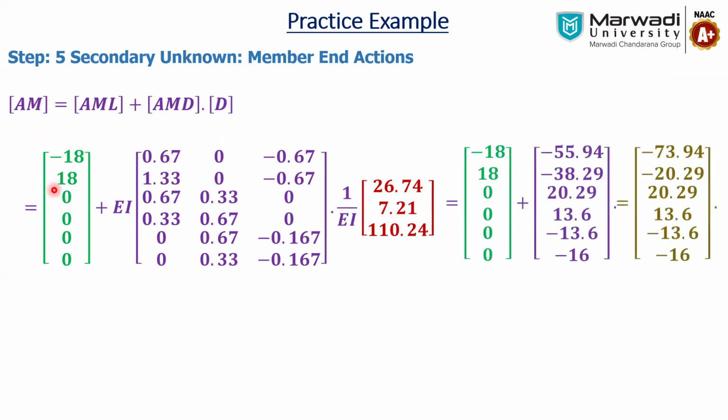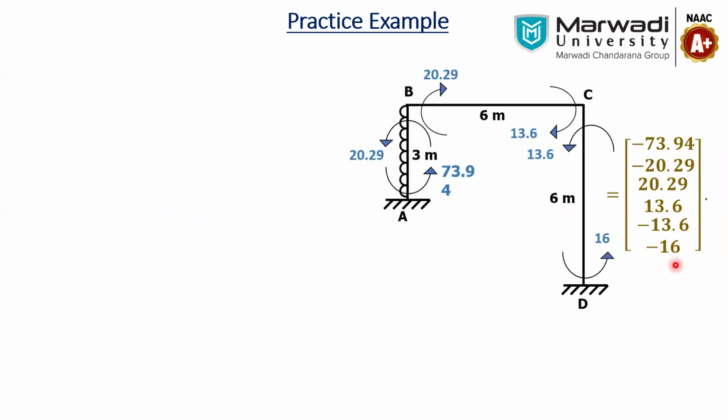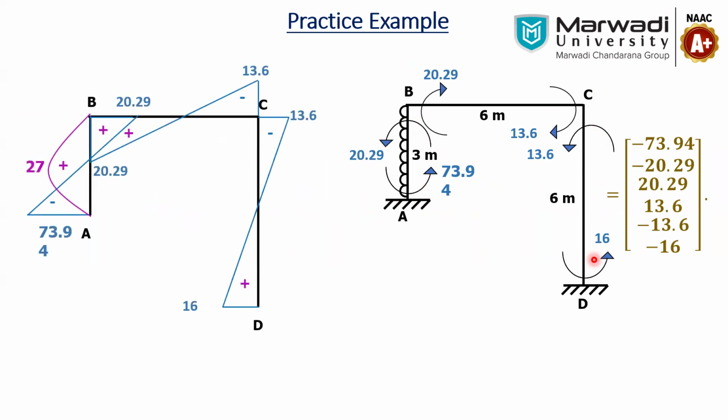The final answer will be: minus 73.94, minus 20.29, 20.29, 13.6, minus 13.6, and minus 16. Along with the direction, the first two are minus, so both are anti-clockwise; the second two are plus, both clockwise; and the third two are minus, both anti-clockwise.